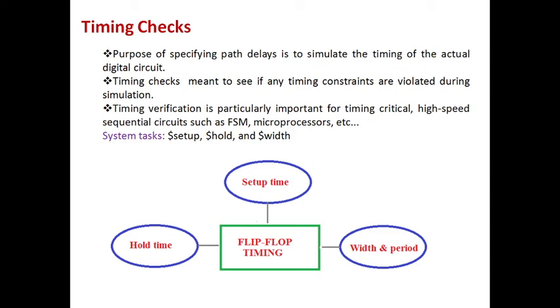Minimum value is 2 seconds. If it gives me the output above 6 seconds, it is violated: the circuit is not meeting the timing constraints. So timing checks are meant to see if any timing constraints are violated during simulation. These are very important for high-speed sequential circuits like finite state machines or microprocessors, or any circuits where a clock is required.